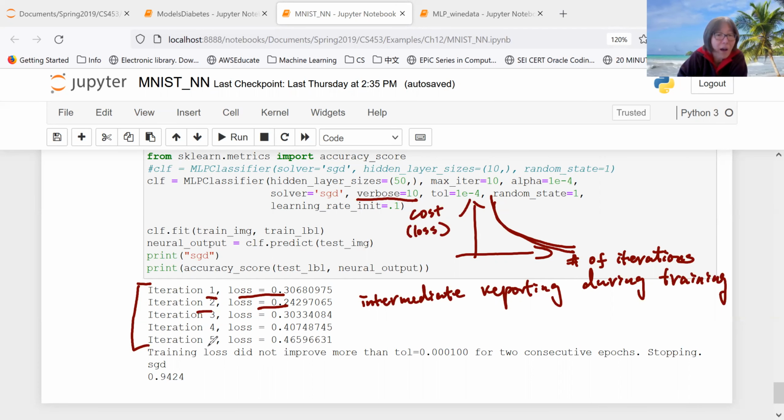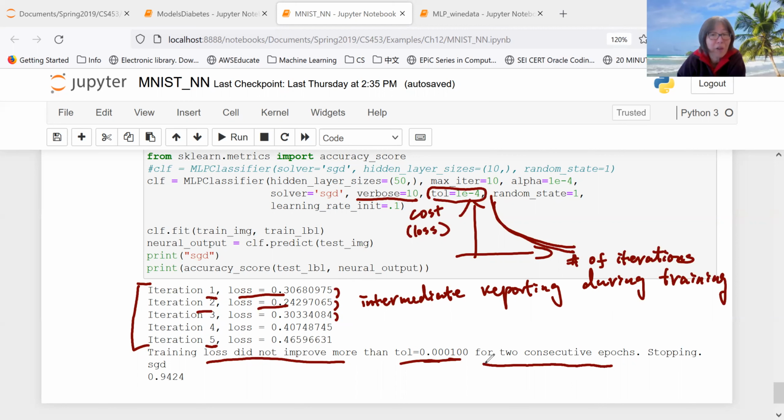Here, after the fifth iteration, the loss does not improve by more than whatever tolerance we set up. This tolerance is regarding the difference between iterations: if for two consecutive epochs it is below that, we stop. We don't need to go to the maximum number of epochs, 10, because you set it as 10.